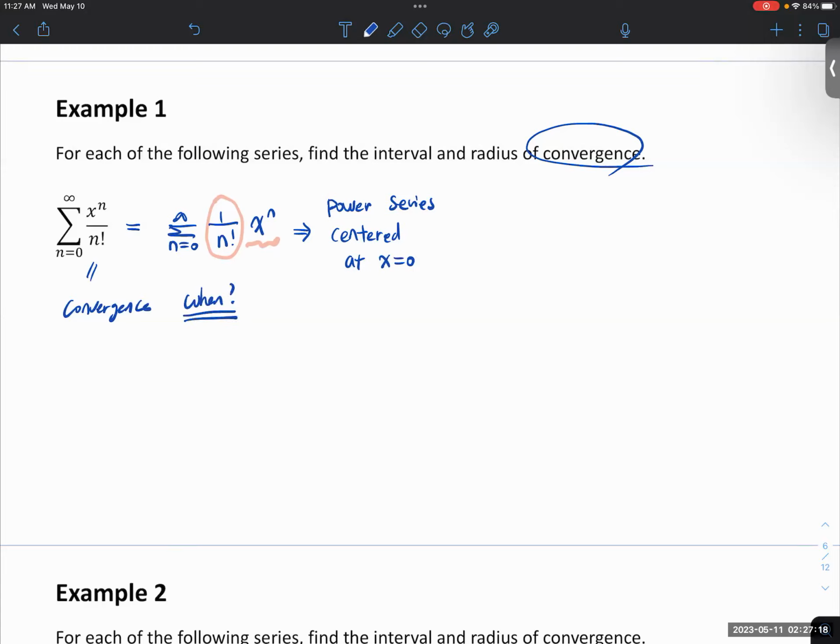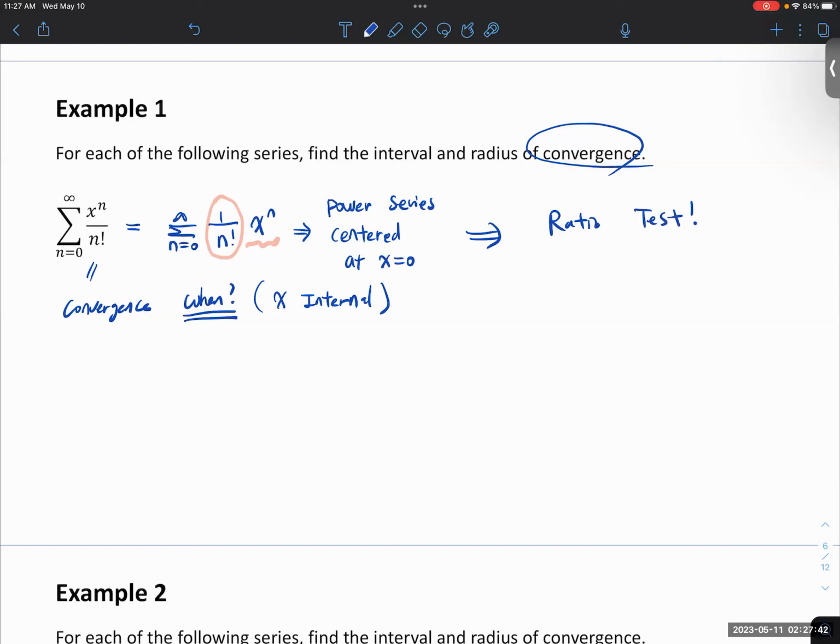That's my question. When? Which means you're going to find out the x interval. What x's make it always a convergent series? So according to the ratio test, let's find out the p.